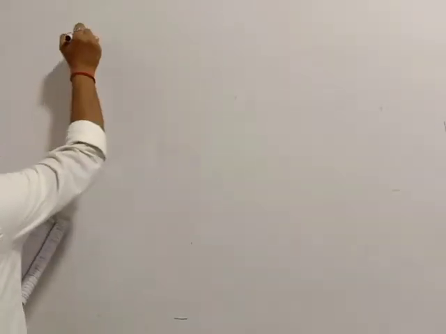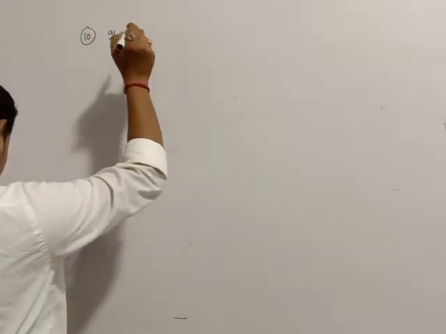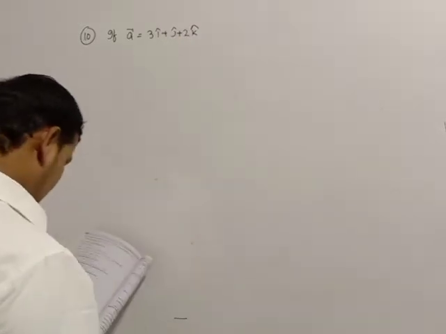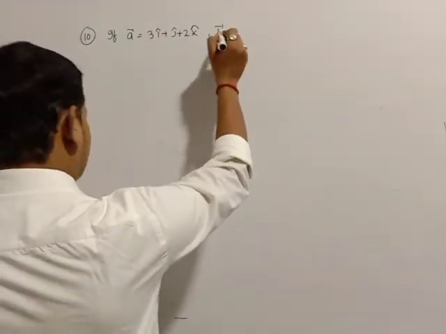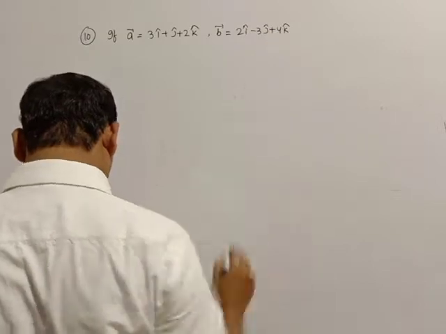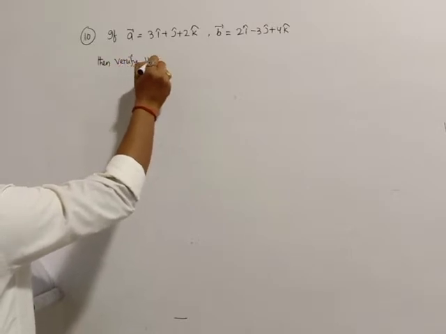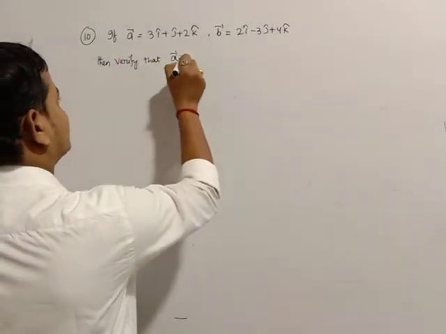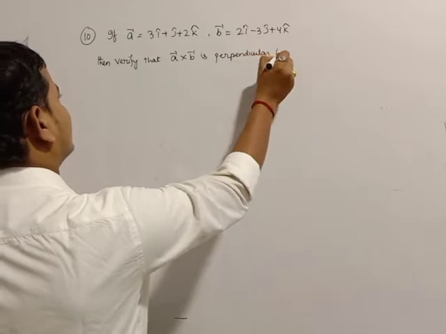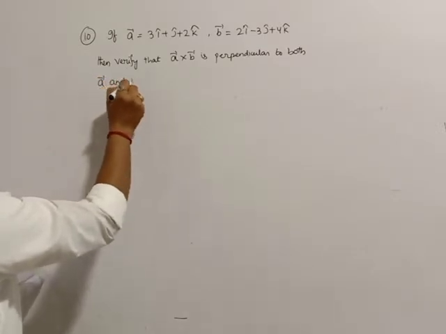So, problem number 10. If a bar is equal to 3i bar plus j bar plus 2k bar, comma, b bar is equal to 2i minus 3j plus 4k, then verify that a bar cross b bar is perpendicular to both a bar and b bar.